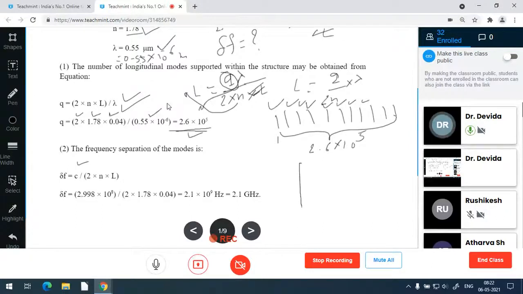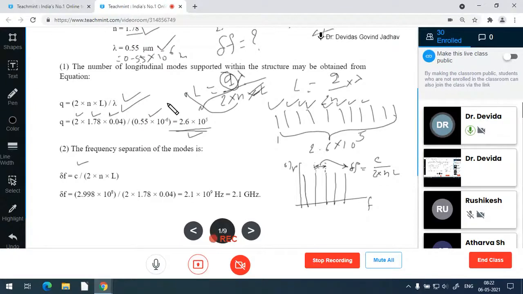If there is a light output versus frequency graph, and these are the different frequencies supported, then the difference between two frequencies, suppose this and this frequency, is the separation, that is delta F, given as C upon 2NL. This we have seen in the figure and discussed in the theory lecture.